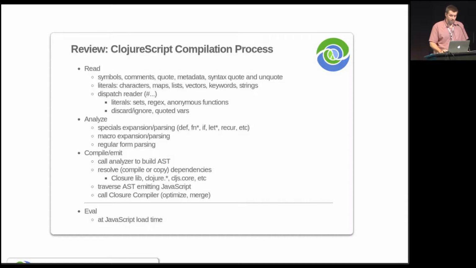And then we compile and emit. The compiler calls the analyzer to do the analysis, to build up the AST, and then the compiler goes through the AST generating JavaScript code. And finally, sort of have a line here. This is normal ClojureScript. A break here where we go to a different environment and we load the JavaScript code and run it. So that's just a quick review of that.